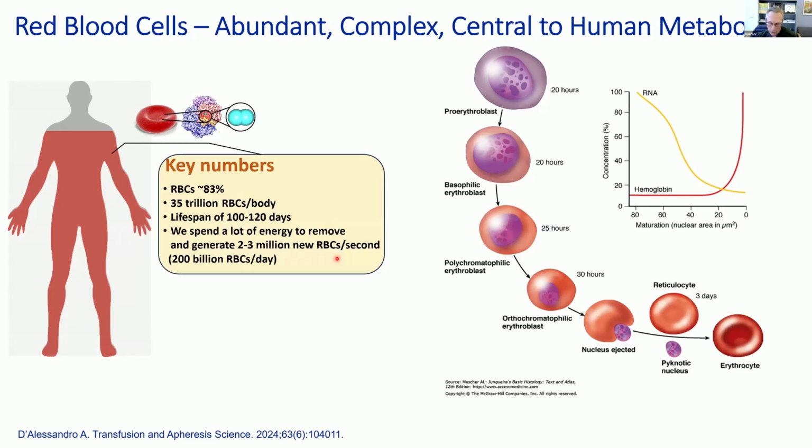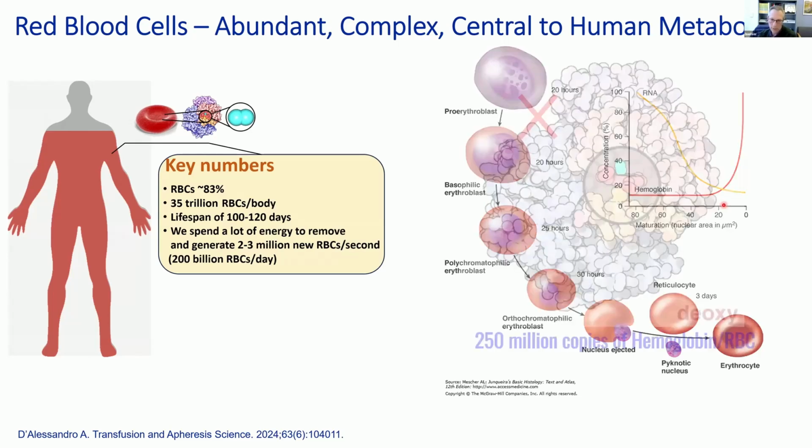When there's anemia, usually there are more reticulocytes ejected from bone marrow, and they can mature relatively quickly. As you see here, this is overall the amount of hemoglobin generated and the amount of mRNA, or RNA, lost from red blood cells as they're produced over time.